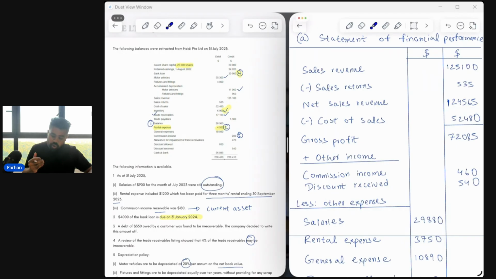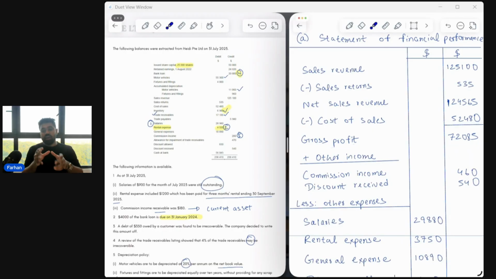Then we subtract the cost of goods sold, which is also something we get from the list, and that is $52,480. So net sales revenue minus cost of goods sold of $52,480 gives us $72,085, which is what we refer to as the gross profit. That is the profit derived from the regular operations of the business.